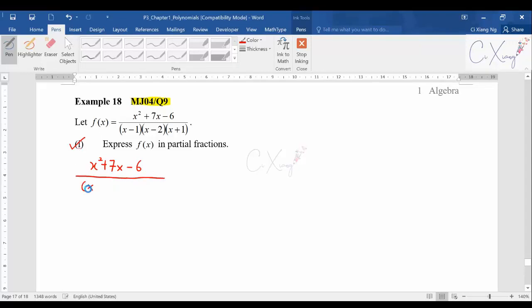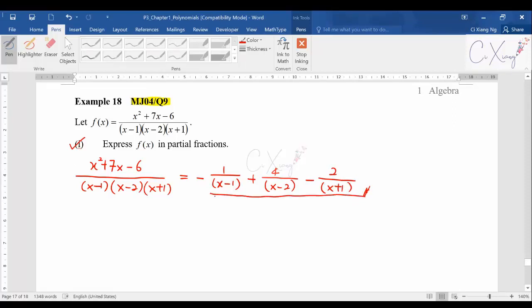The answer that you get should be negative 1 over x minus 1, plus 4 over x minus 2, and then minus 2 over x plus 1. So this is the answer for the first part, the partial fraction. I'll keep it for you to complete first.